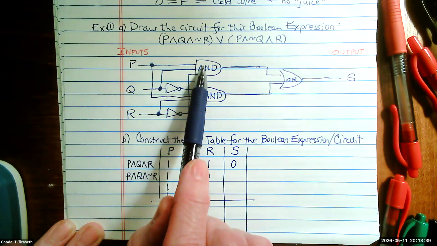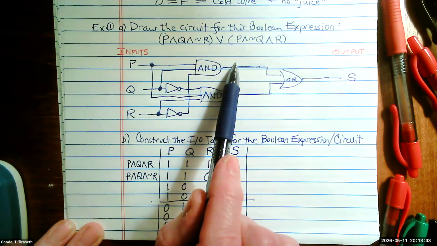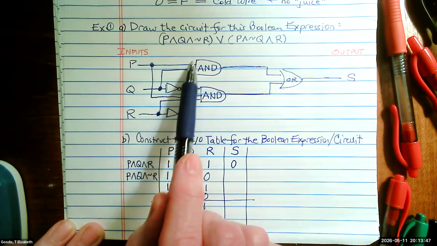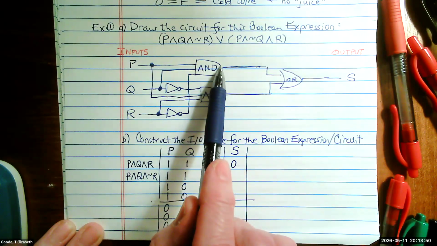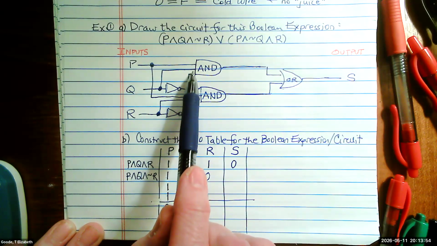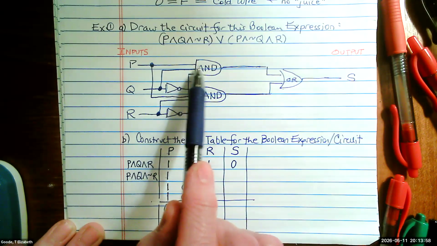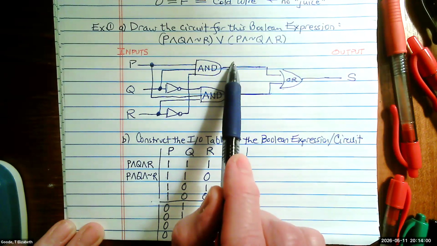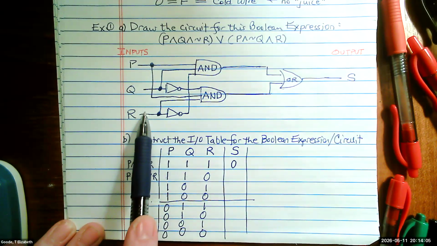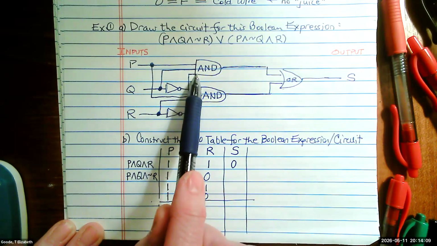And the AND is going to be outputting a true or a 1 when all of the input wires are 1. That's the way AND works. It only outputs a hot wire if all of the input wires are hot or true, because that's just the way AND works. Well, we will get a 1 here if P is 1, Q is 1, and R is 0, because remember that NOT gate flips that 0 to a 1.